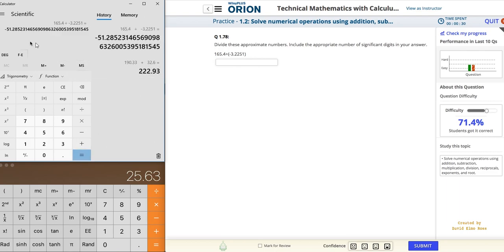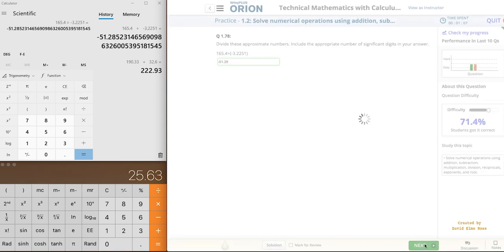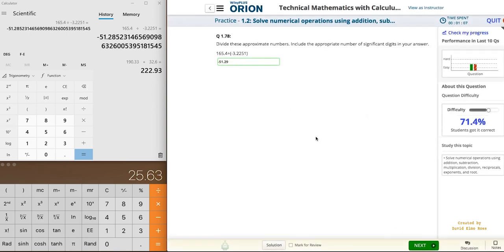Now even though we've got a number here which has a lot of decimal points, anytime we're doing a division or a multiplication, the least number of significant digits. We have 1, 2, 3, 4 significant digits here, and that's what we have to round our number to. Minus 51.285, which is 29. I feel pretty confident about that. Let's put that in there, and again, we got the right answer.